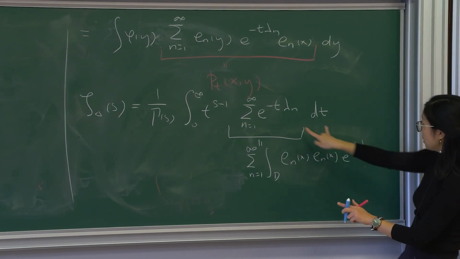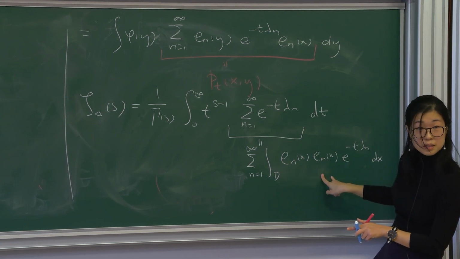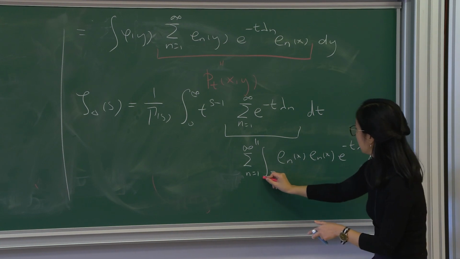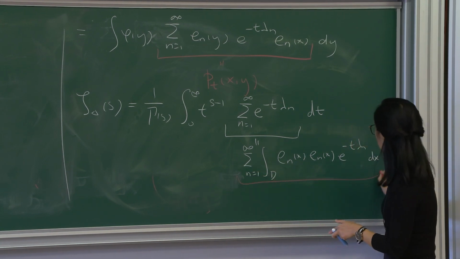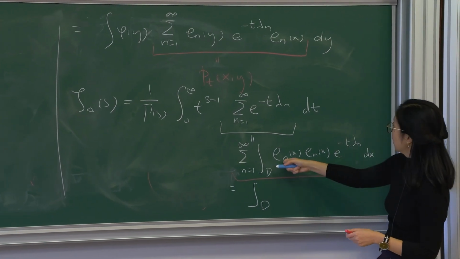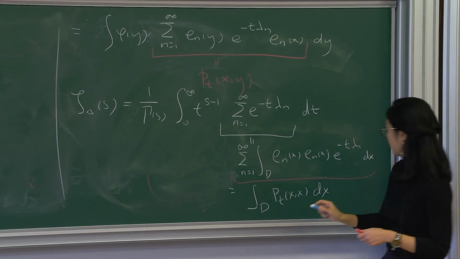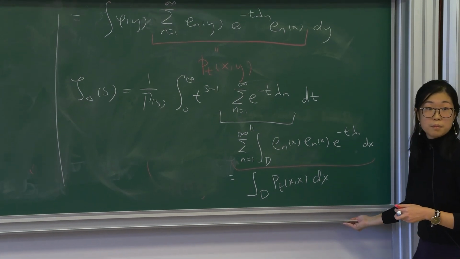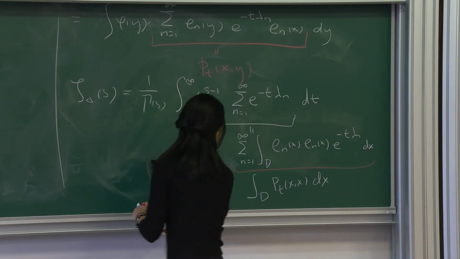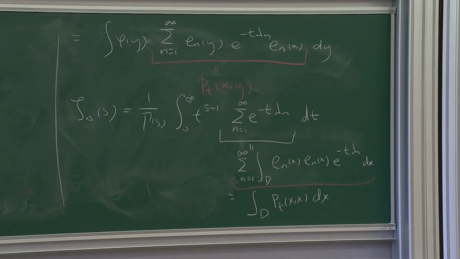I'm not doing much, I'm just replacing each of these by this integral. And because E_n is an orthonormal basis, this integral is just 1. So this whole thing is simply the integral over the unit disk of p_t(x, x) dx. It's just another way to write down the trace of the heat kernel.